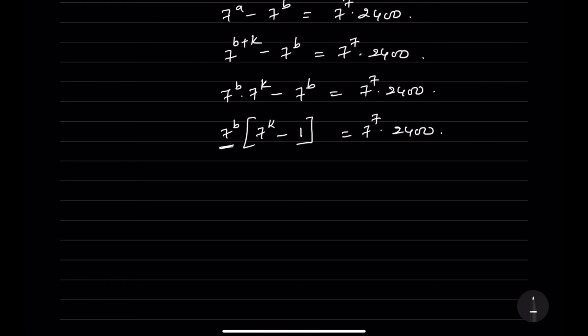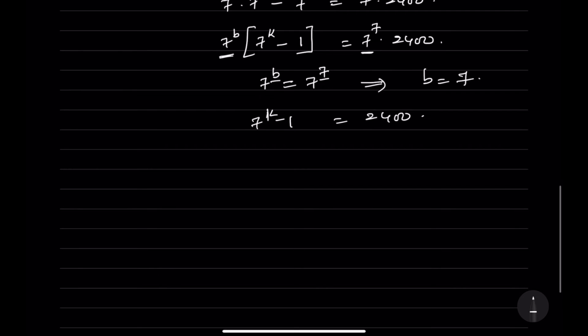Now here we can equate this to this. So we get 7 to the power of b is equal to 7 to the power of 7. Since the bases are equal, b is equal to 7. Now we have 7 to the power of k minus 1 is equal to 2400. So 7 to the power of k is equal to 2400 plus 1, which is equal to 2401.